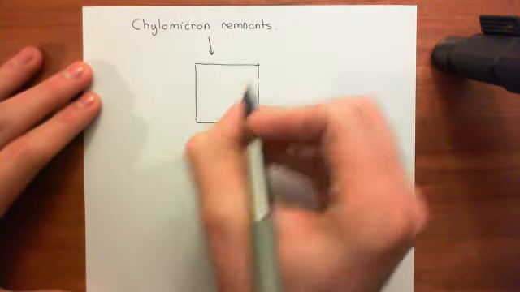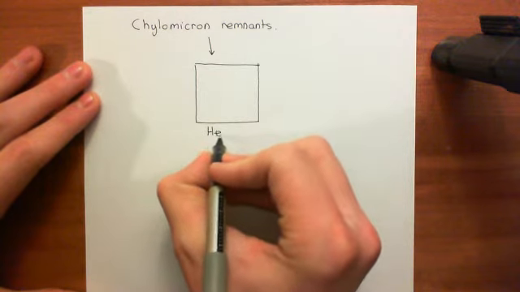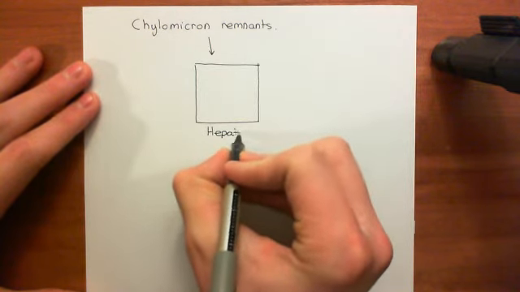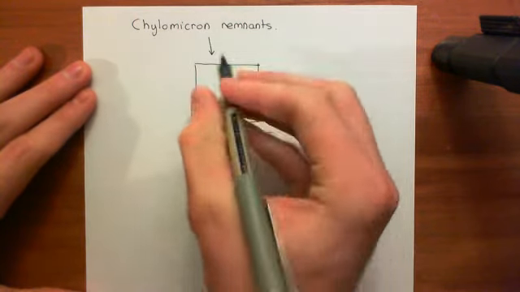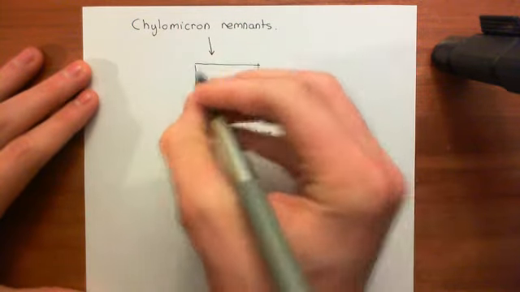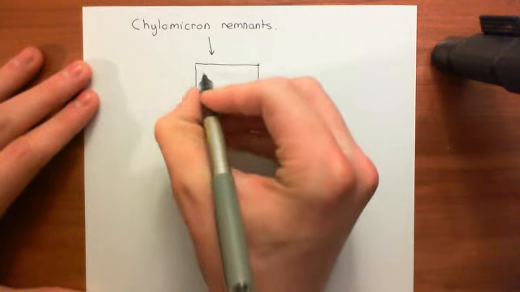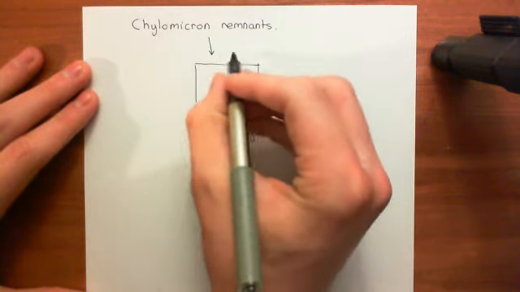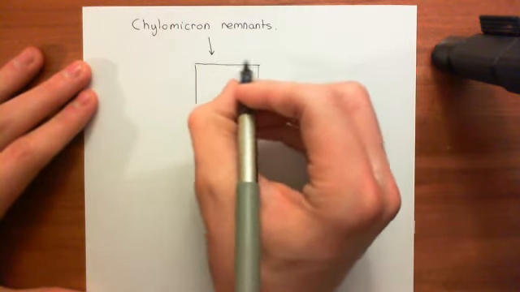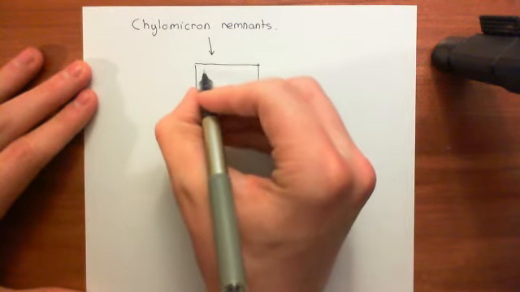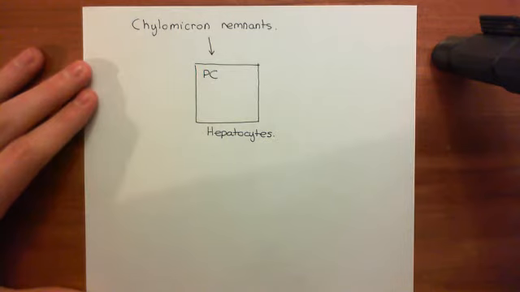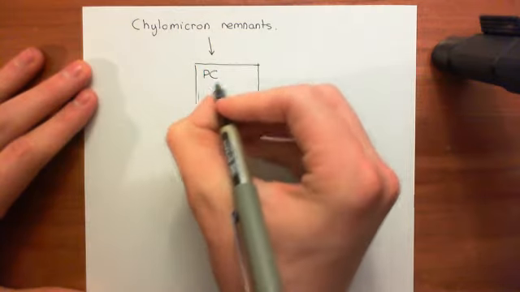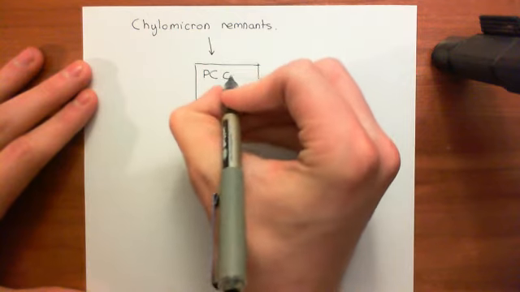So the hepatocytes will take the chylomicron remnants out of the blood, and what they're going to get from this is firstly a nice supply of phospholipids, which will mainly be phosphatidylcholine, and we know that liver cells love phosphatidylcholine. They can chuck that straight into the bile. You're also going to get a whole bunch of cholesterol esters.